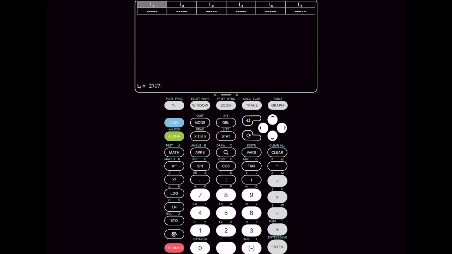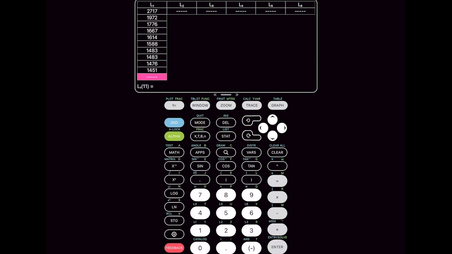Remember, every time you type in a value, you're just going to then hit Enter. Okay, and I have 5 more to do. Okay, so there's my 10 values.